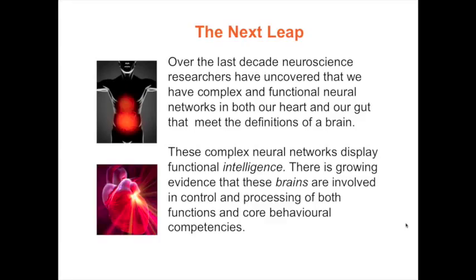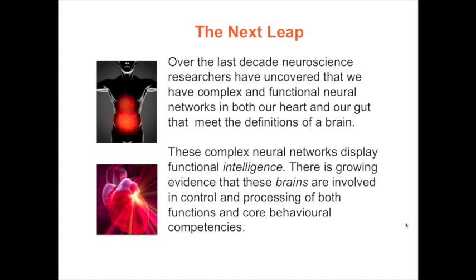They display functional intelligence, and there's growing evidence that these brains are involved in control and processing of some functions, such as core behavioural competencies. So the neurology around our heart isn't just managing the beating of our heart, and the neurology around our gut isn't just managing our digestion.